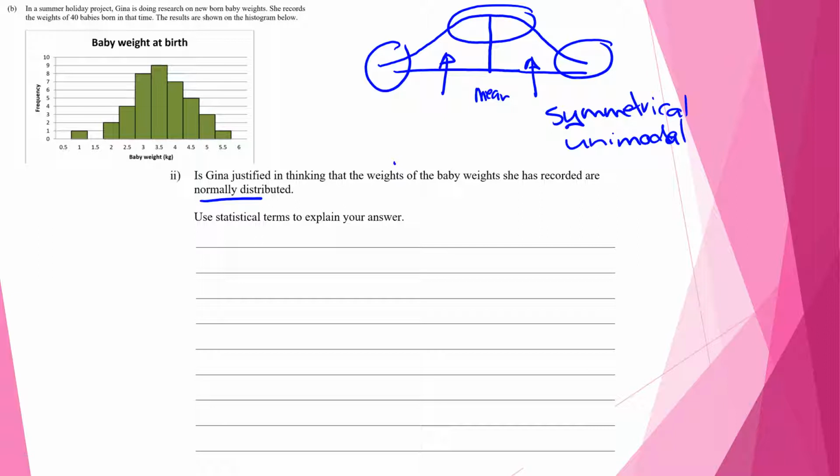So looking at this data here, we can see that it is essentially bell-shaped. I know there's a little bit of a gap in here, and it's not exactly the same on this side and that side. There's a little bit of difference there, but essentially it is approximating a bell shape.